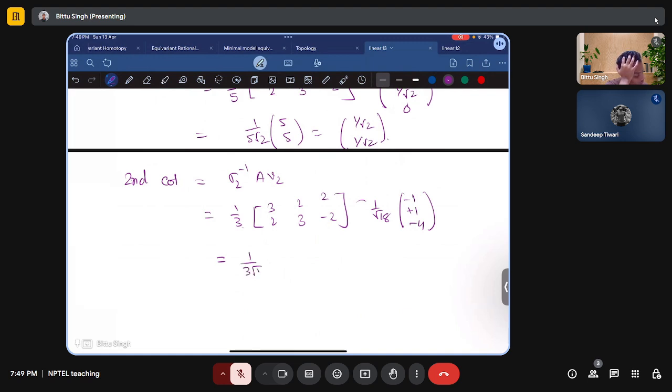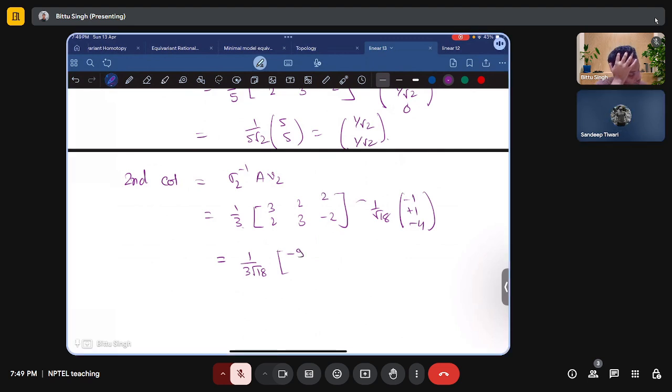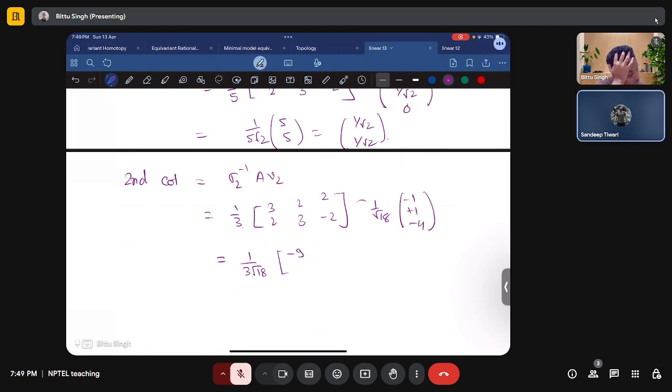We get 1 by 3 root 18, and then minus 3 plus 2 minus 1, minus 9, and 3 plus 1 plus 8, 9.